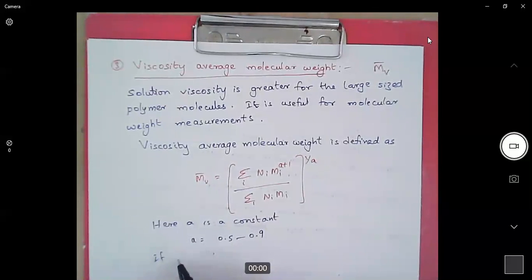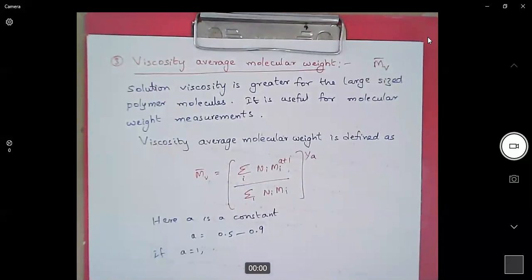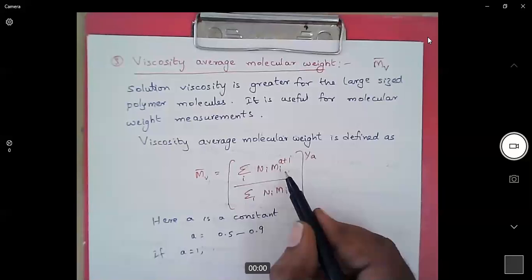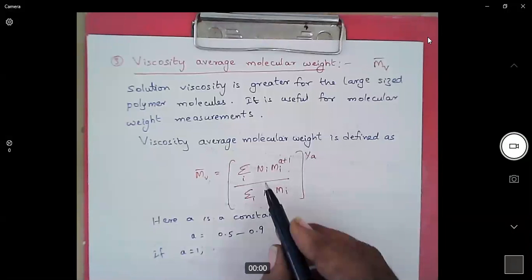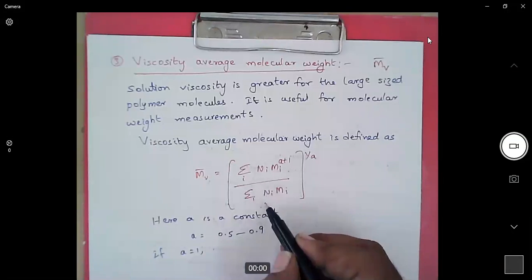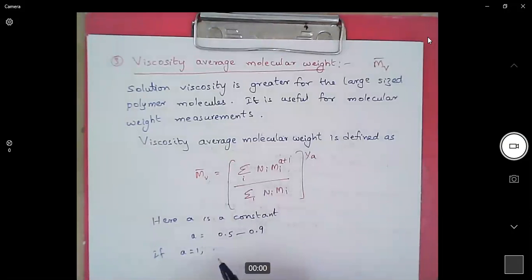For example, if a becomes 1, then what happens? M_v bar is sigma N_i M_i squared by sigma N_i M_i, to the power 1 by 1, which is 1. That is nothing but M_w bar.